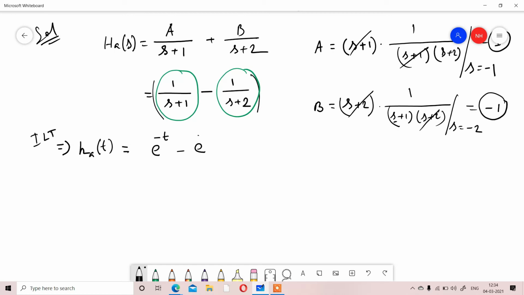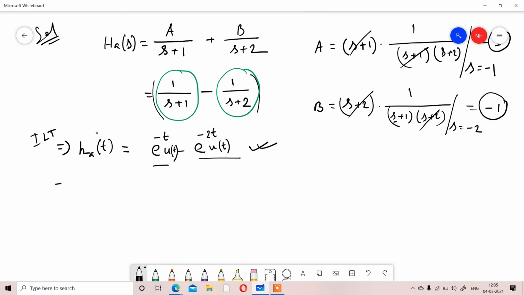Exactly. And where will it be? u(t). Yes. If we don't write u(t), it is completely wrong. Keep in mind, the inverse Laplace transform will give you e to the power minus t u(t) and e to the power minus 2t u(t). So the value of h(t) will be this one.